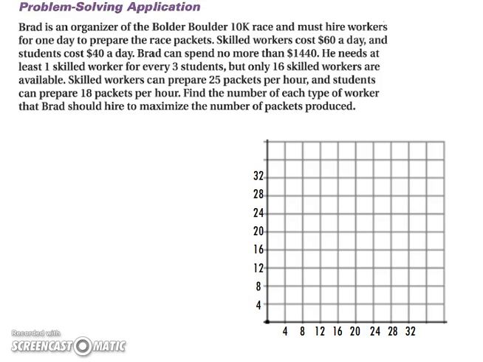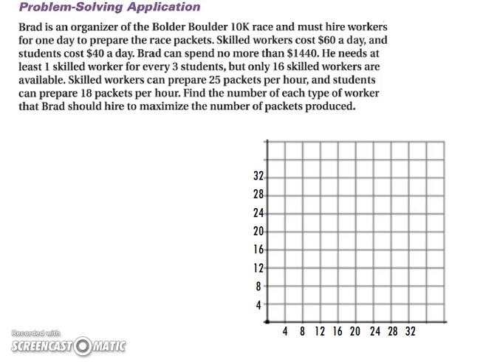Brad is an organizer of the Boulder 10K race and must hire workers for one day to prepare the race packets. Skilled workers cost $60 a day and students cost $40 a day. Brad can spend no more than $1,440.